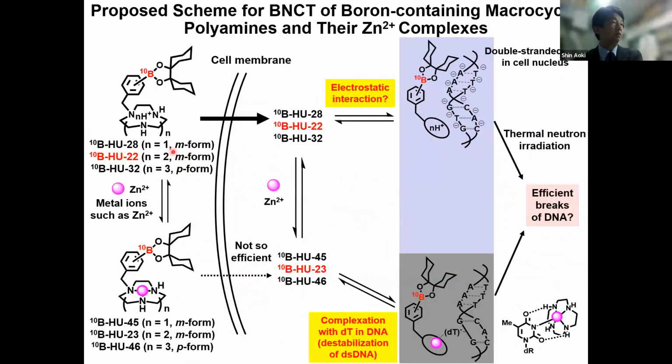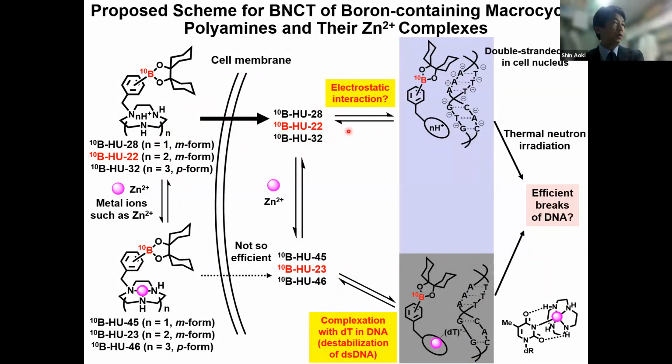From this result, we assume the mechanism of the BNCT effect of the 12-member ring compound HU22 and the 15-member cyclic compound HU32. It is assumed that these compounds are transported into the cancer cells by endocytosis or by polyamine transporters.